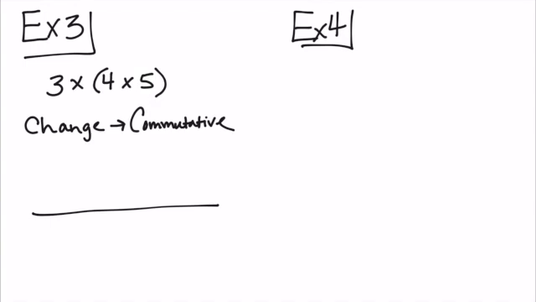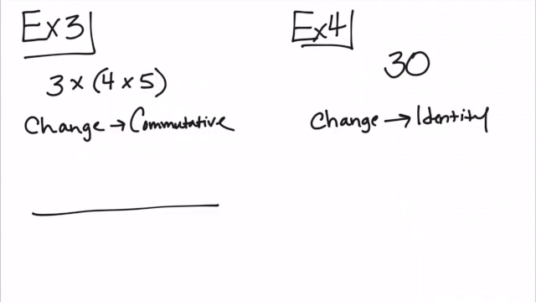And example number 4, let's use the expression 30. And I want you to change that using the identity property. So write me an expression where all you did was change 30 using the identity property. So go ahead and hit pause. Take a couple minutes, think it over. When you have your answers, hit play.